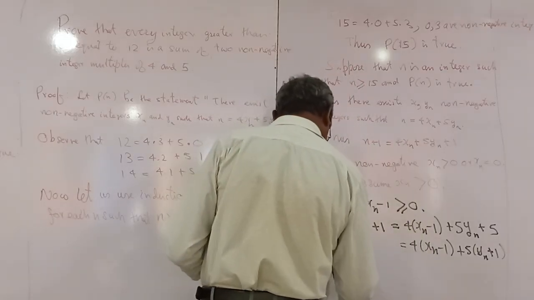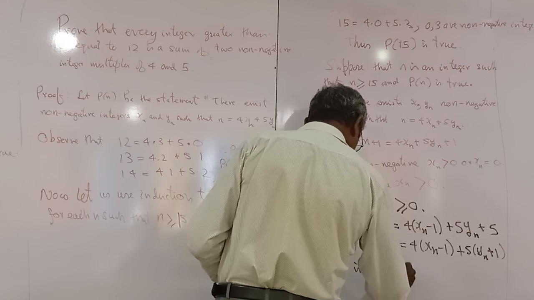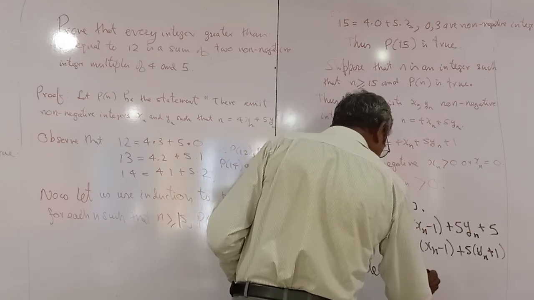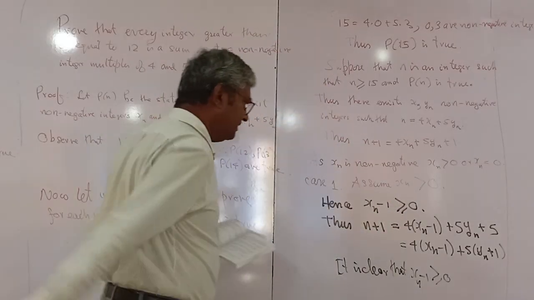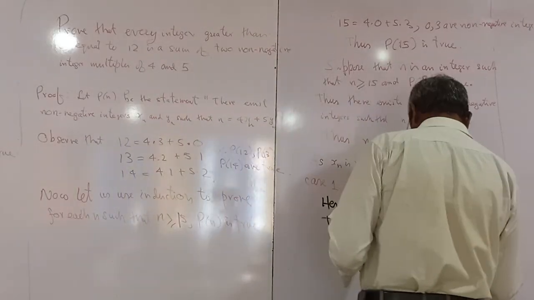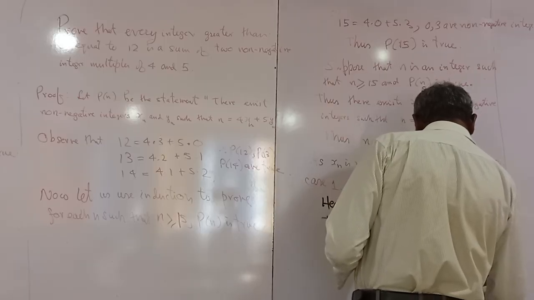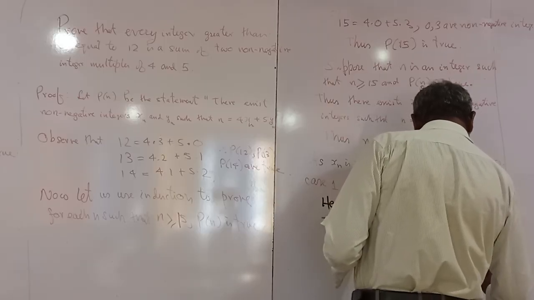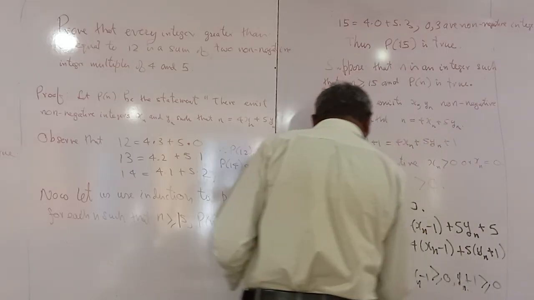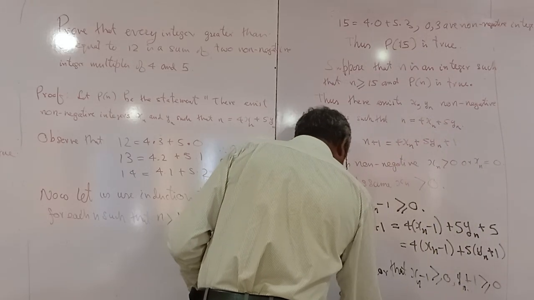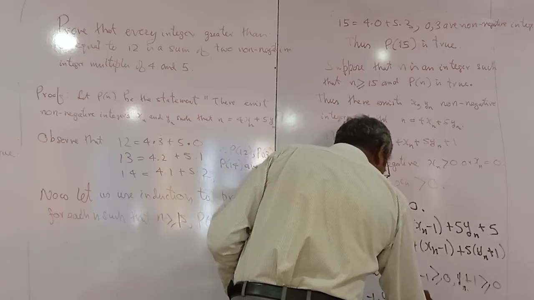It is clear that x_n minus 1 is greater than or equal to 0, and y_n plus 1 is also greater than or equal to 0, and x_n minus 1, y_n plus 1 are integers.